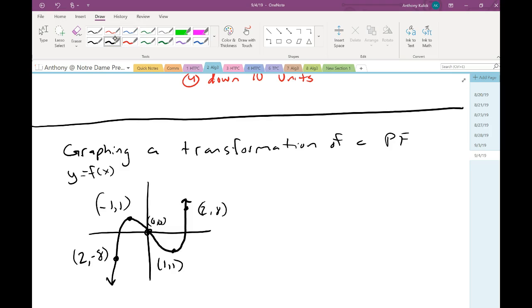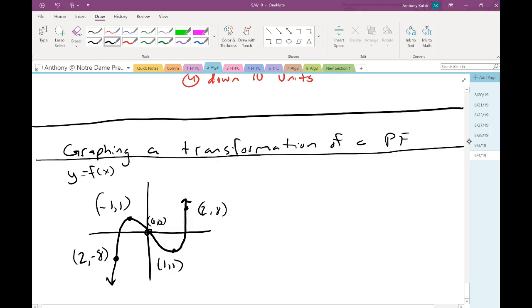So let's say we wanted to graph a transformation of a parent function. So let's say our parent function is described here with this graph, and I've labeled 5 points on this graph. And let's say that our transformation that we're interested in is, actually, let's put the +1 there.